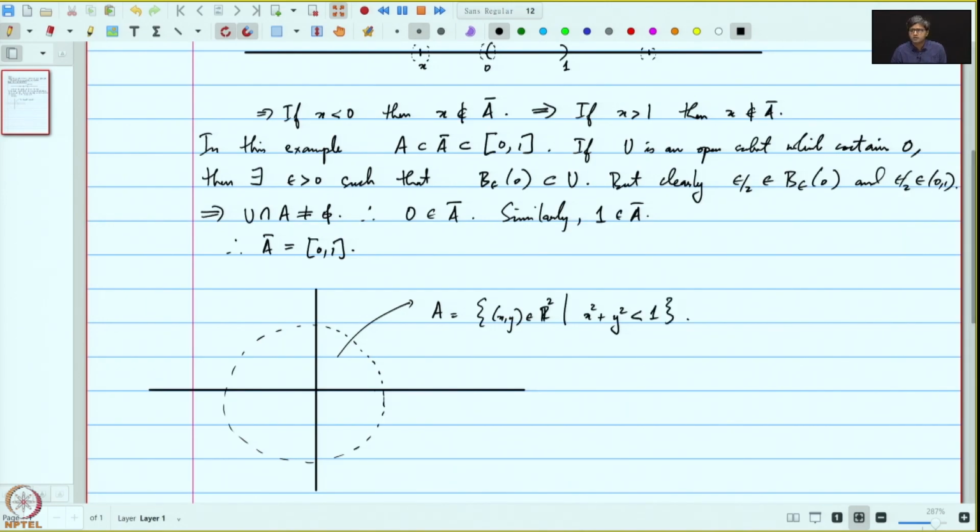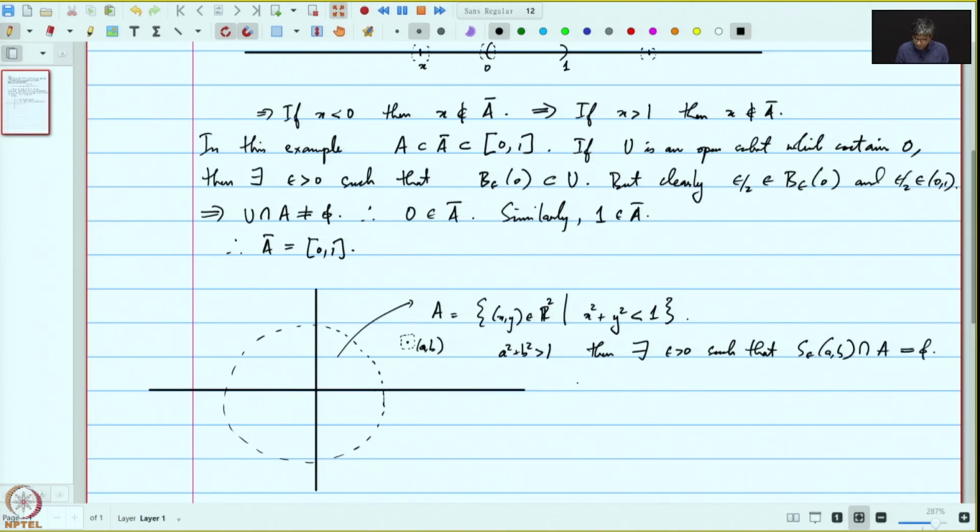I won't write the details, but you can check that if we take any point a comma b, let's say, such that a square plus b square is strictly greater than 1, then we can find a small neighborhood which does not meet A. Then there exists epsilon positive such that S epsilon a comma b intersection A is empty.